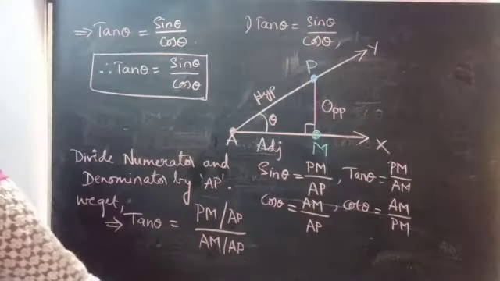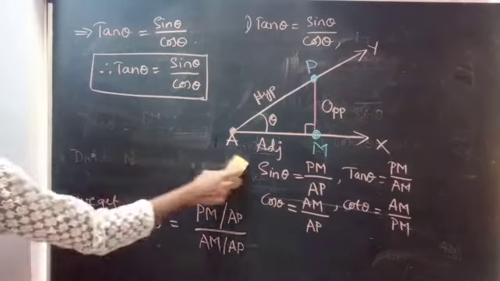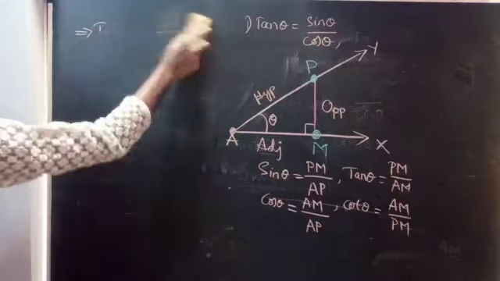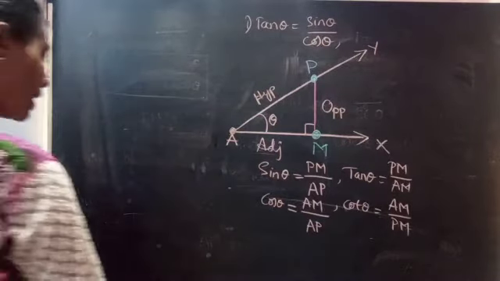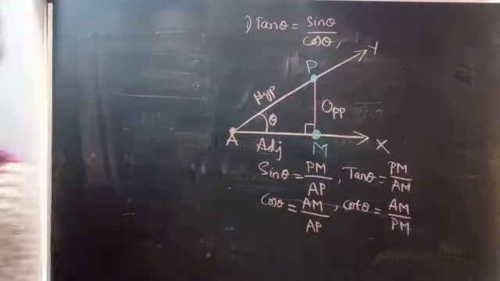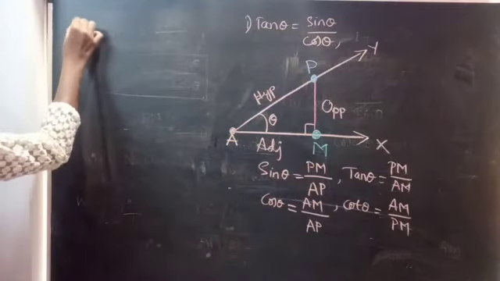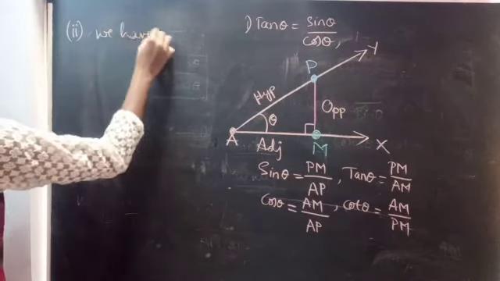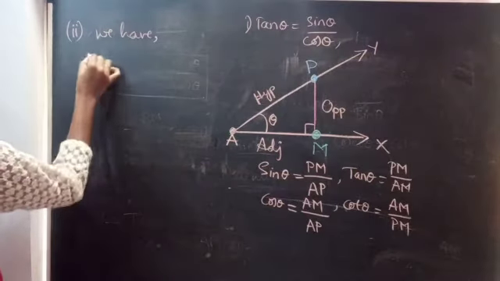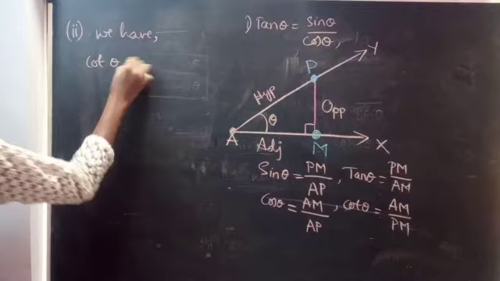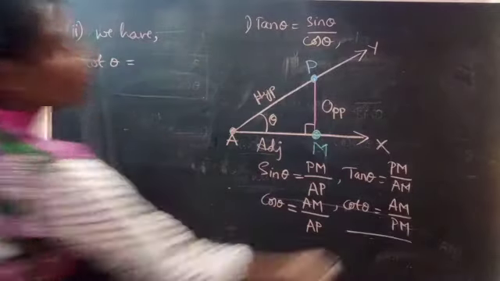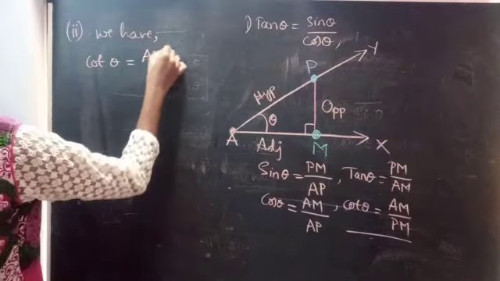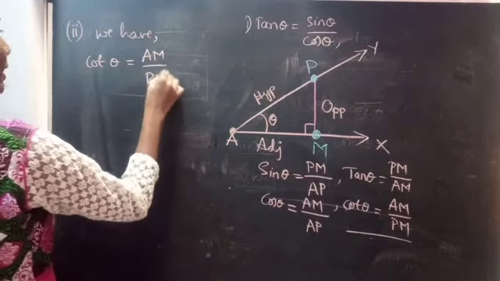Okay. So next we are going to prove the second identity, which is cot theta is equal to cos theta by sine theta. Again we have cot theta is equal to AM by PM.